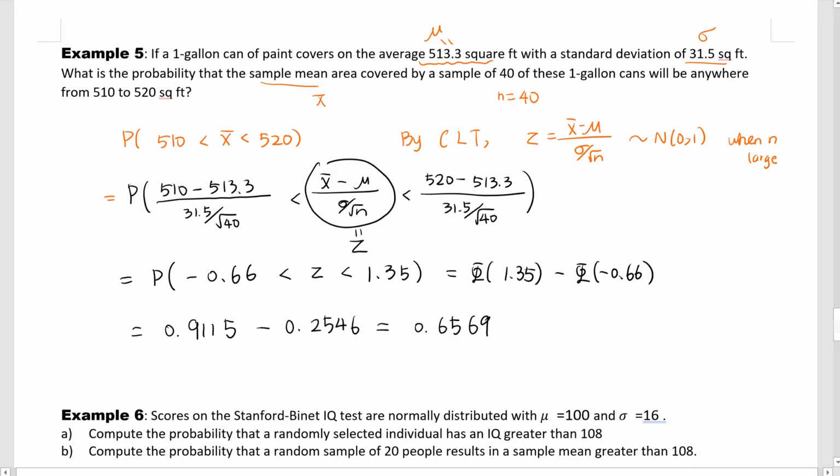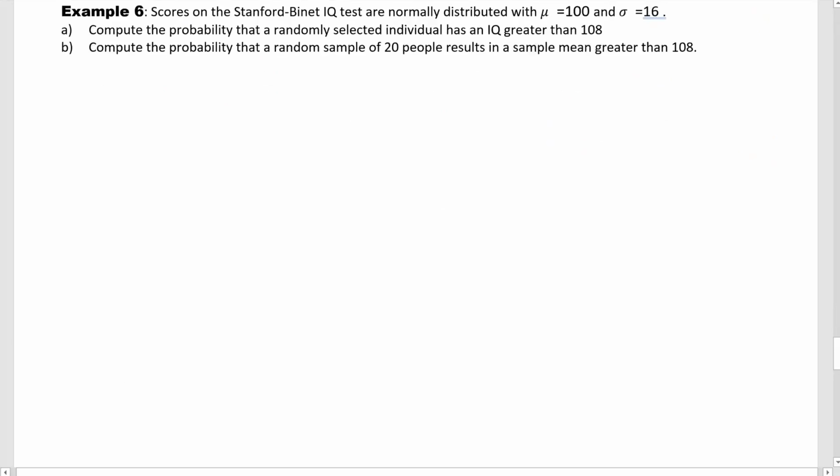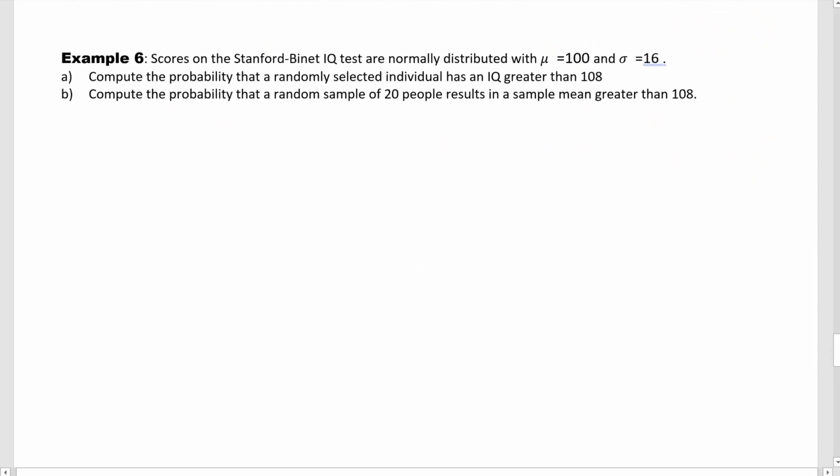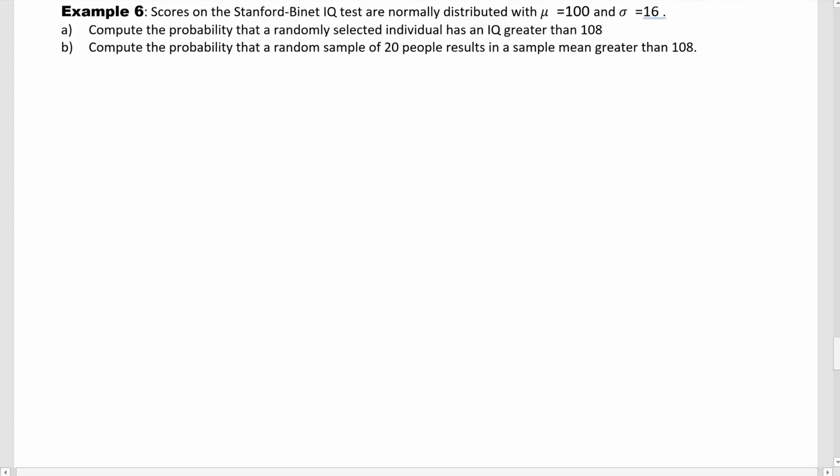Alright, let's continue with example 6. I really hope that you can pause the video and try to work on the problem by yourself first. Are you done? Let's check our work. Scores on the Stanford Binet IQ test are normally distributed with mean 100 and sigma equal to 16.